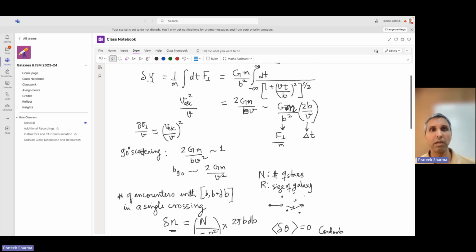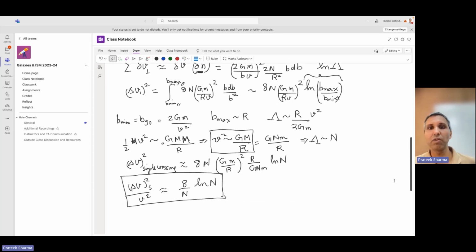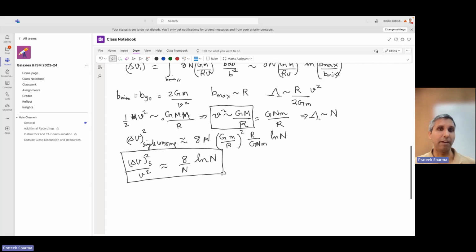So this is delta V perp, which is given by 1 by V. So delta V by V squared is 1 by V squared. And that V squared increases if your n increases, right? For the same small m mass. So that is really the fundamental reason why the system is collisionless for a larger n.